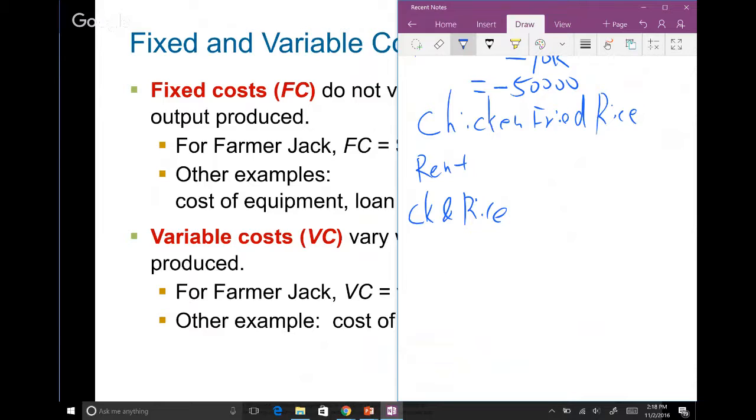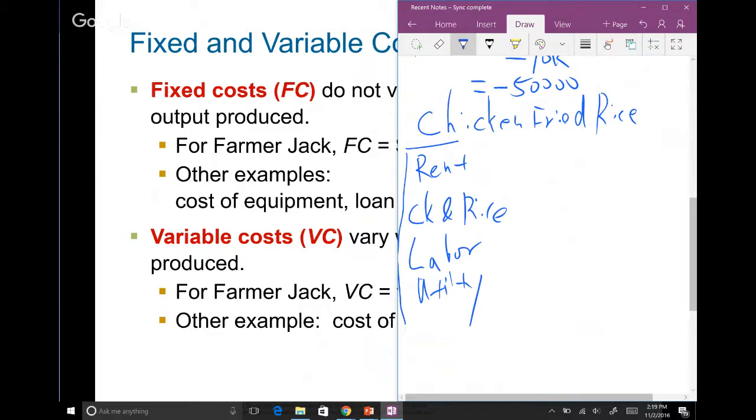Remember, the restaurant doesn't run itself. We need people, laborers, and utilities, right? We need all of this. All right, so let's look at these four categories: rent, chicken and rice, labor, and utility.